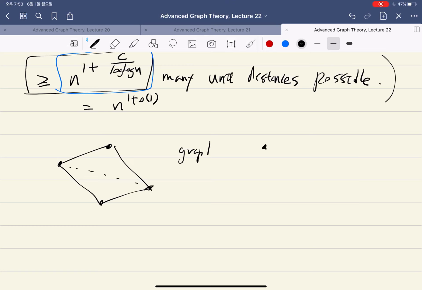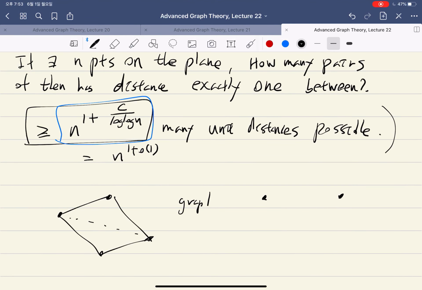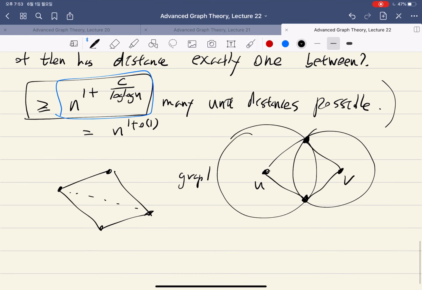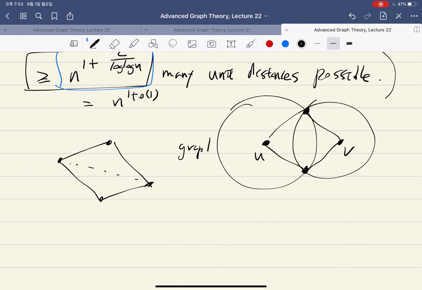In this graph, if you have two vertices u and v, the number of common neighbors of these two is at most 2, because all the neighbors of u lie on this circle which is distance 1 from u, and all the neighbors of v lie on this circle which is distance 1 from v.